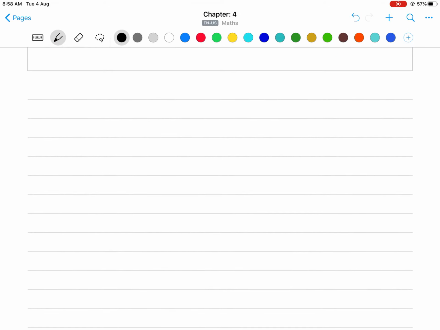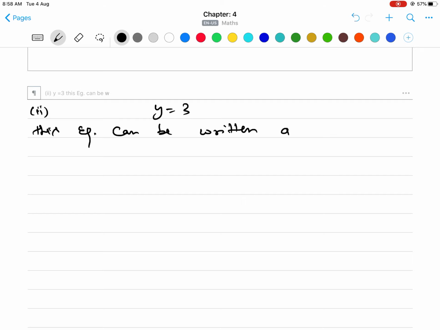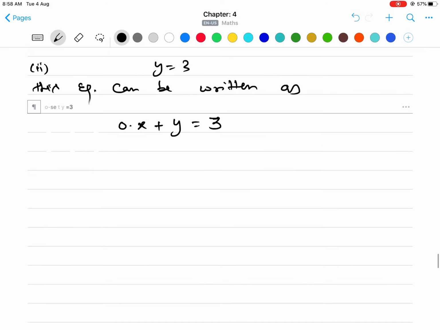So let's write the equation. We have y equals to 3. We can write this as, we already have y equals to 3, we include the x variable with coefficient 0. That means now this has become an equation in two variables. Now let's find its solutions.